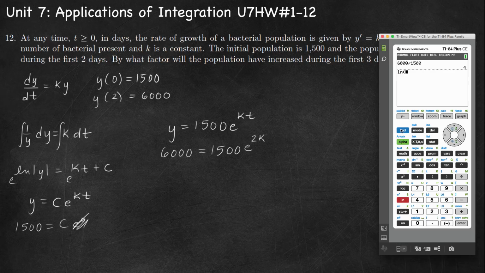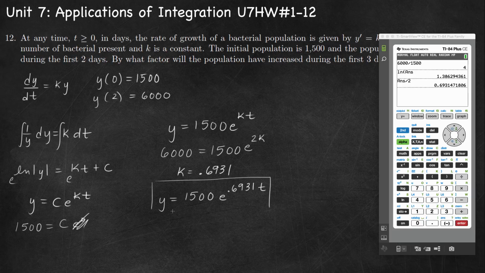Then we want the natural log of that answer. Then we divide by 2. And we get k equals 0.6931. So my equation is y equals 1,500 e to the 0.6931 t. Okay, that's my particular solution.